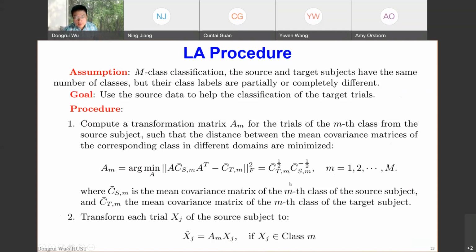But here, these coherence matrices are per class coherence matrices. Once we have AM, we can transform each trial AJ of the source subject to a new trial by left multiplying the original trial by AM. So this procedure is very similar to those in EA, except that here we perform per class alignment, but there we perform per subject alignment.